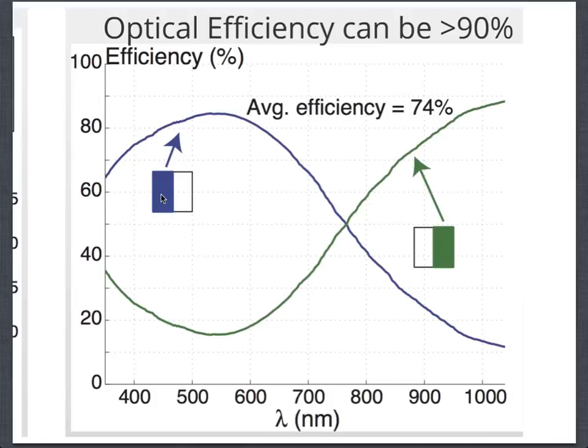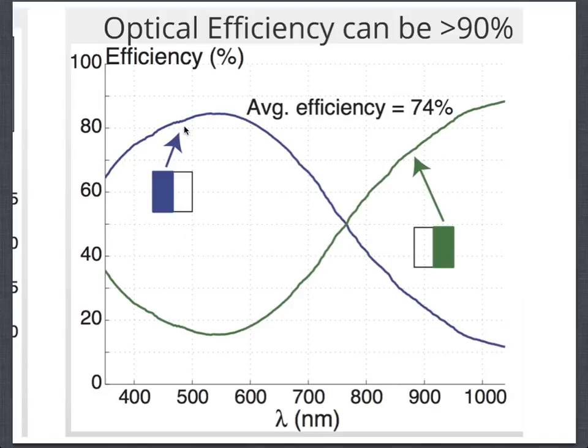In ideal conditions, from 400 to say 750 nanometers, you want all the photons to be at the left plane, and above 750 nanometers you want all the light at the right plane. That means at 400 nanometers, you want the optical efficiency of the blue curve to be 100%.